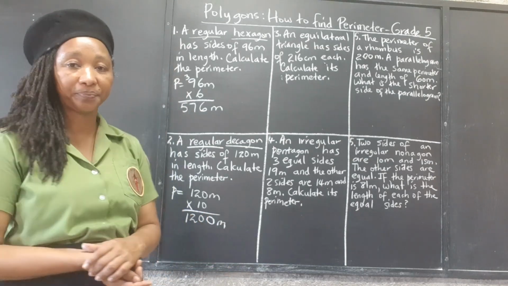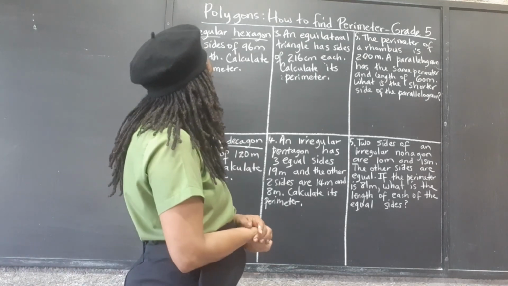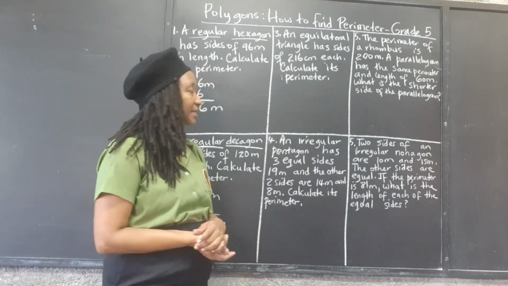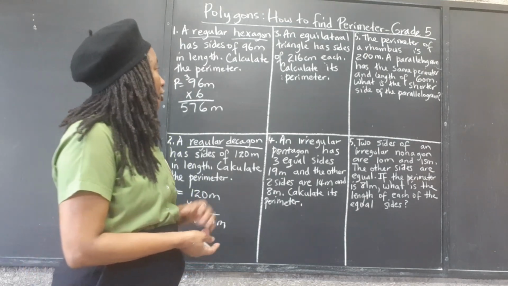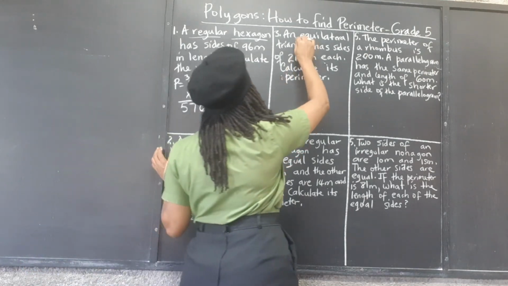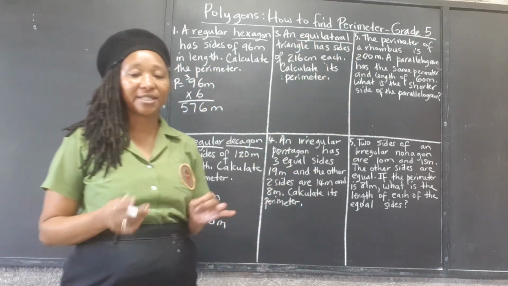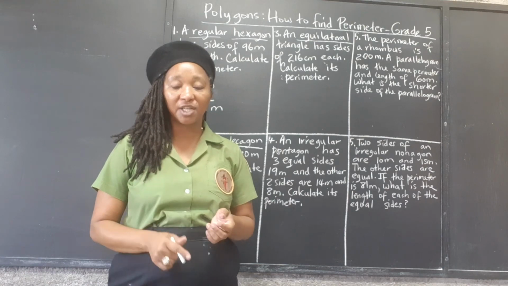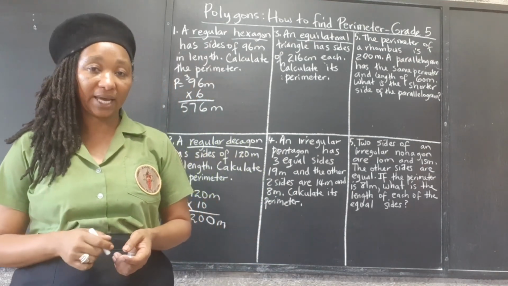Number 3. An equilateral triangle has sides of 216 centimeters each. Calculate its perimeter. So equilateral tells us this is a regular triangle. A triangle has 3 sides. A regular triangle is called an equilateral triangle, 3 equal sides.